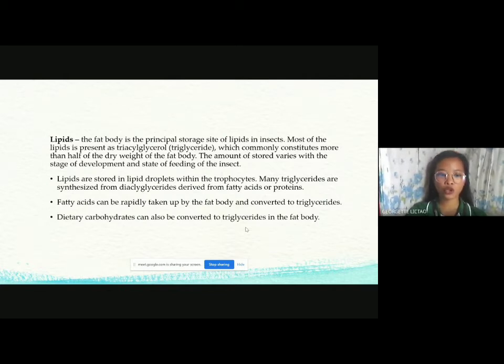Then pangalawa, yung glycogen is naglalaman ng substantial water of hydration, samantalang ang lipid droplets contain little or walang water. Although ang water of hydration ay pwedeng ma-release kapag si glycogen is metabolized under dry conditions. Kaya ang additional weight nito is disadvantageous for activities gaya ng flight ng mga insect.